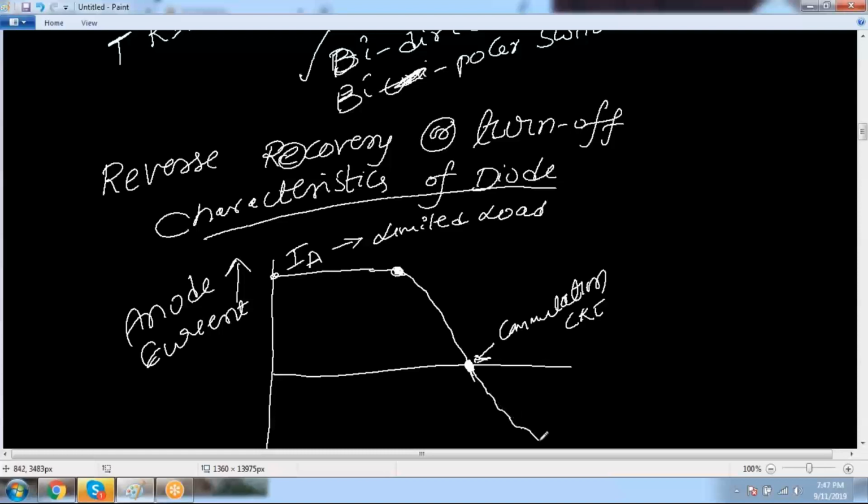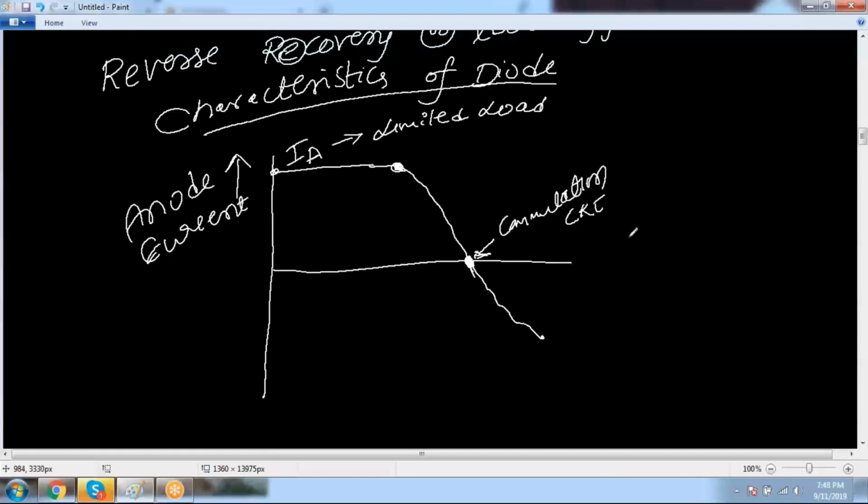It goes to some point, and after that, again slowly it comes to a minimum value. Already you have studied all these things. Now, what is this point? This point to this point, what is the current here? It is zero. The current here I can call IRR.